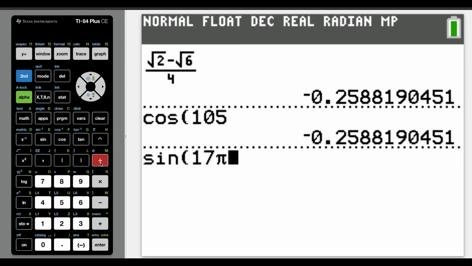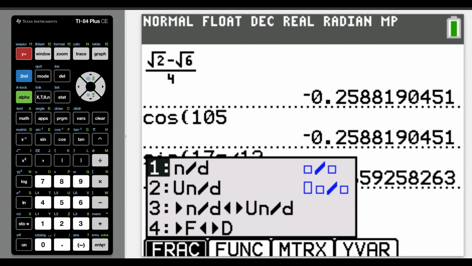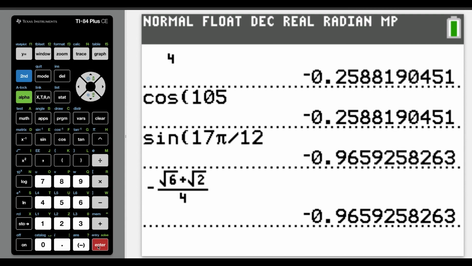So we have 17 pi over 12 here like this. And then our fraction, well, first we had a negative on the outside, and now we're going to type in our fraction here using alpha y equals enter. And what we had was square root 6, and then we exit this, plus square root 2. And this was all divided by 4. And notice here that we have an exact match, so our answer checks out.